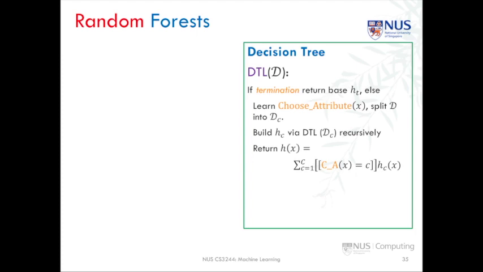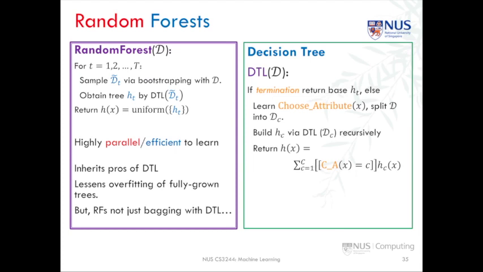We can use the decision tree learning algorithm and pair it with bagging. So the idea is very simple. We're going to sample each of the D_T datasets as in bootstrapping and then create different decision trees on each one. And we're going to vote on each of them.